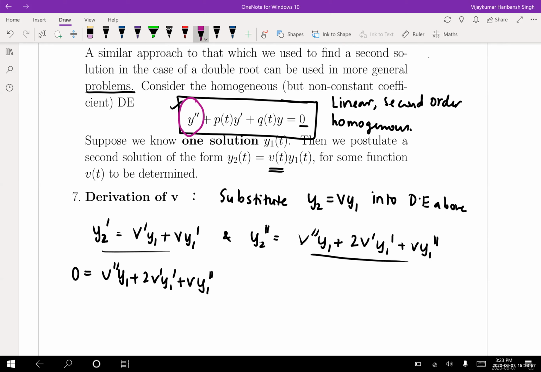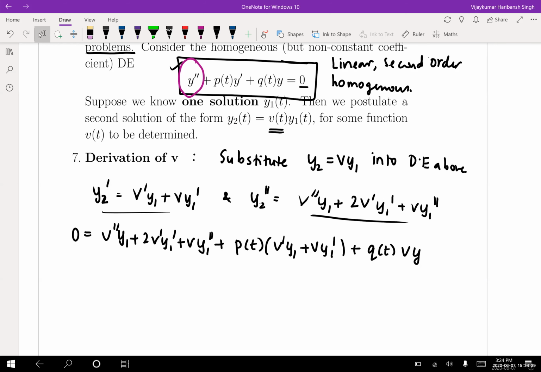Now the second part, plus p(t) times (v prime y1 plus v y1 prime), plus q(t) v y1 equals 0. Now I will bring a few terms together, namely these three, and take v common.